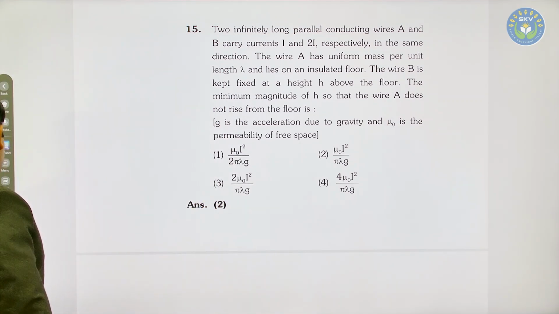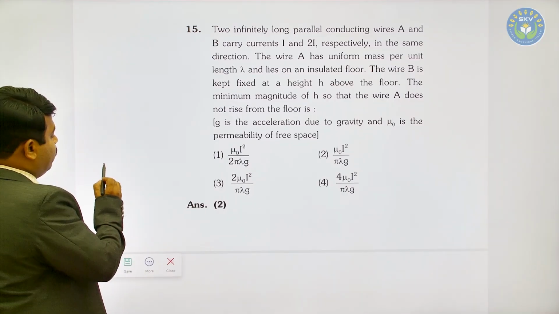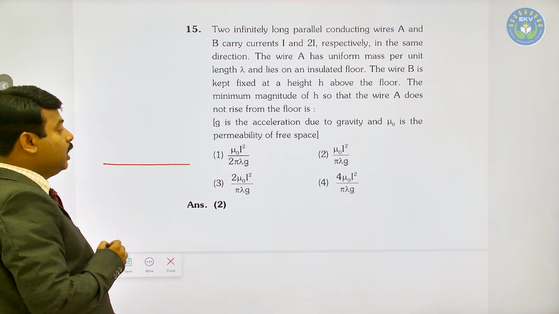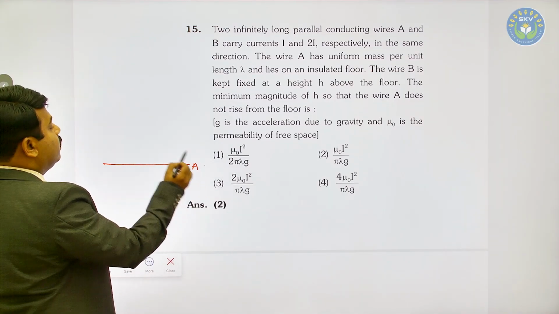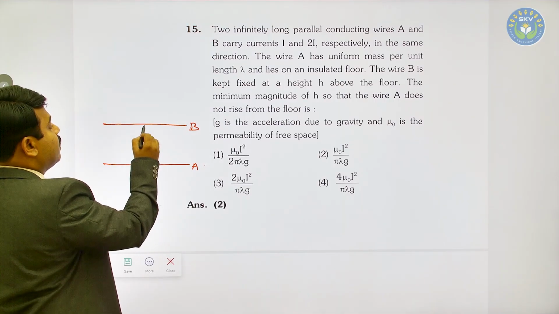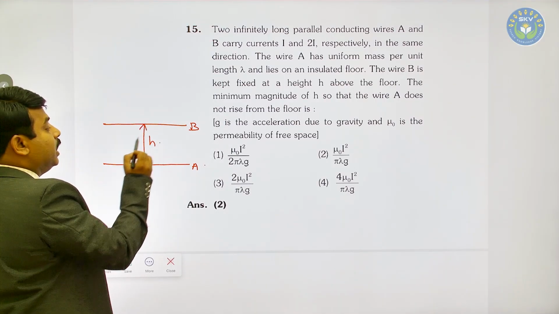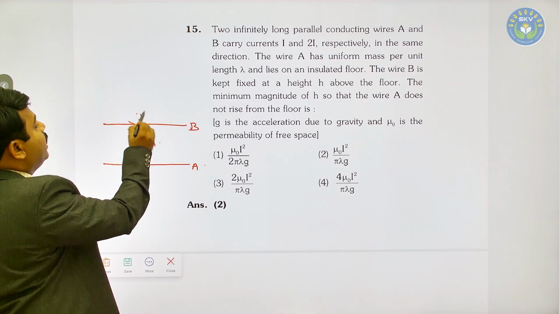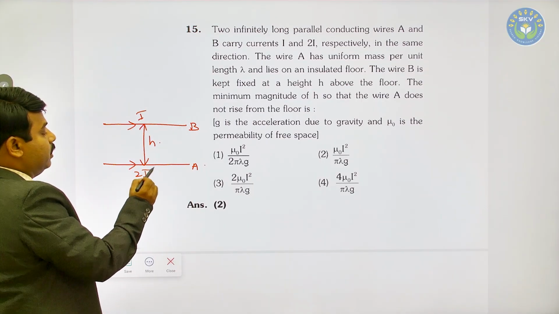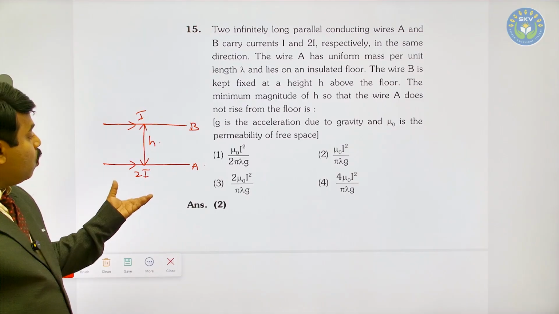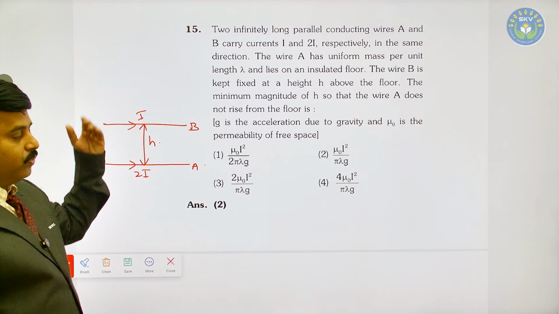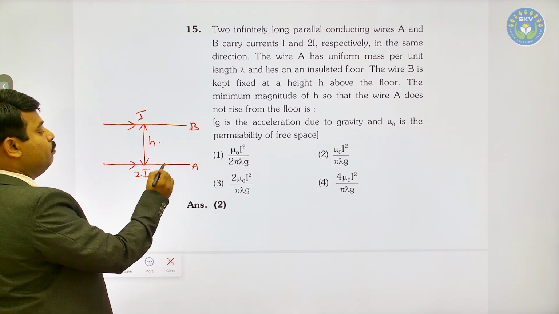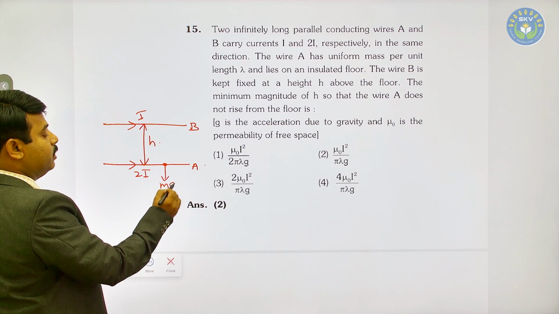The situation is, on the floor you have a wire, that is A, and another wire B. Their separation is h. Because this carries a current I and this carries a current 2I, it should not rise because of this attraction, meaning it should balance with its weight, right?